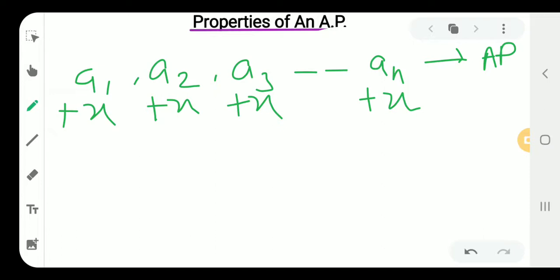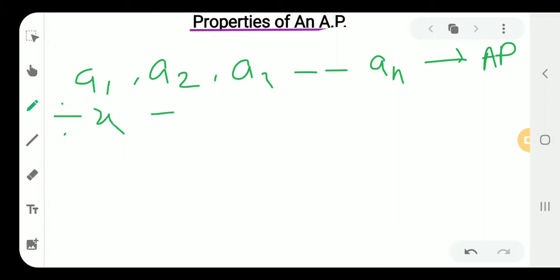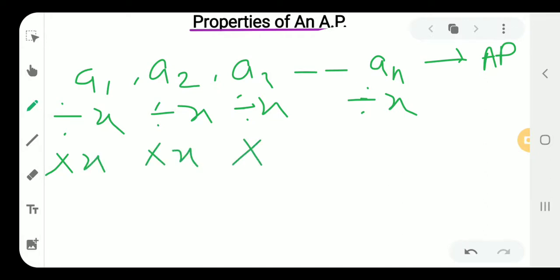Or if we subtract a common term from them, the resultant will also be in AP. If we divide all terms by X, the resultant will also be in AP, or if we multiply X to all the terms, the resultant will be in AP.